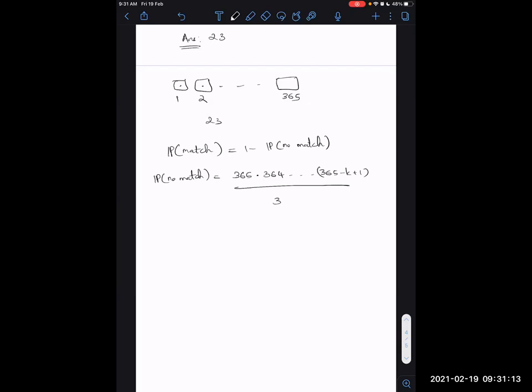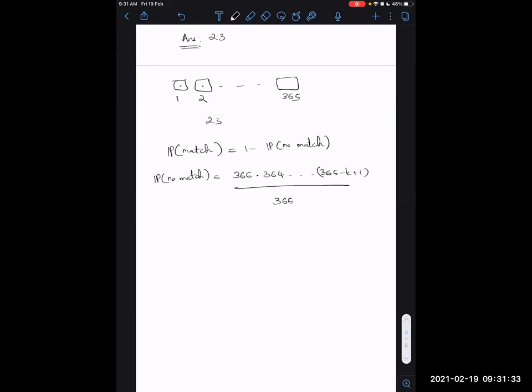So can someone tell me what would be the denominator? The denominator is just the number of total possible outcomes. I'll give you a hint.